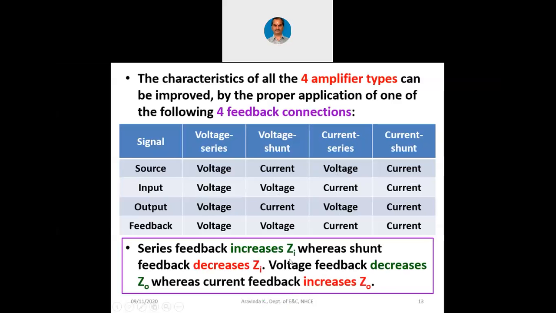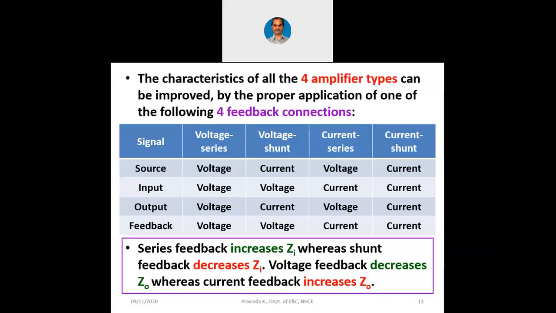Series feedback increases input impedance, whereas shunt feedback decreases input impedance. You can observe this. Voltage feedback is going to decrease the output impedance, whereas current feedback is going to increase the output impedance. Now, whichever word I have shown you in green is a definite advantage for us. Whichever word I have shown you in red is a definite disadvantage for us as far as the amplifier is concerned.